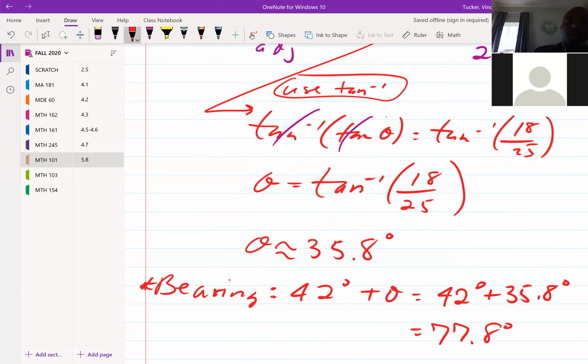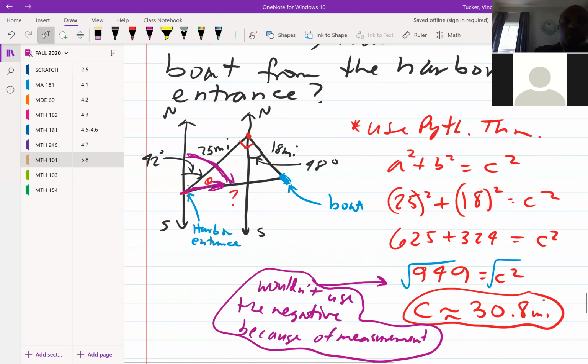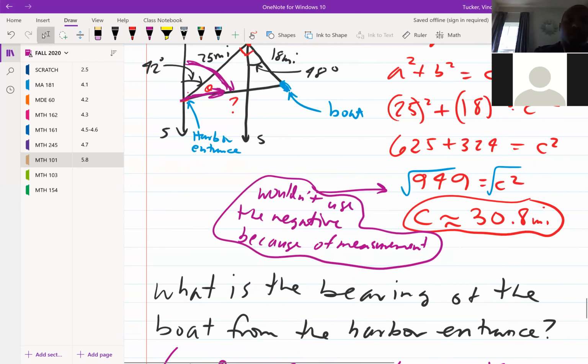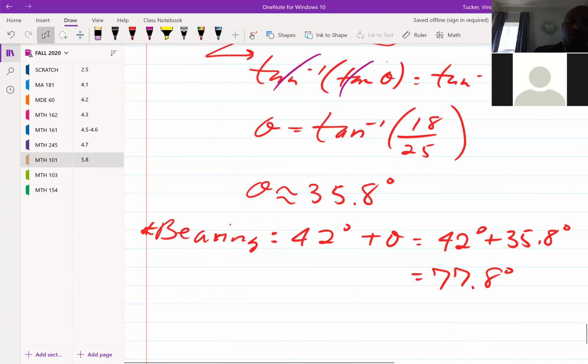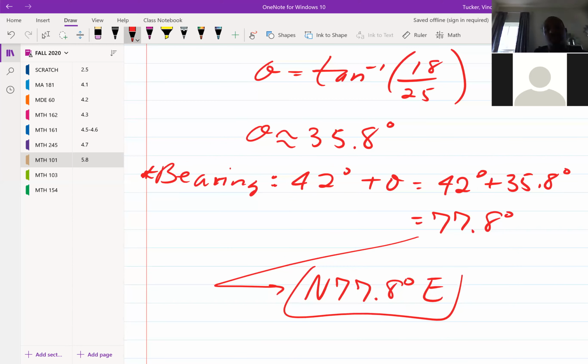And let me make sure I'm coming back down. Okay, there we go. So it's going to be north. So it'll be north 77.8 degrees east.